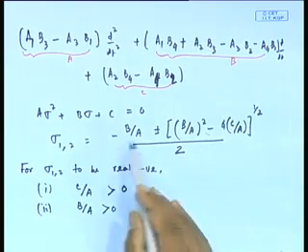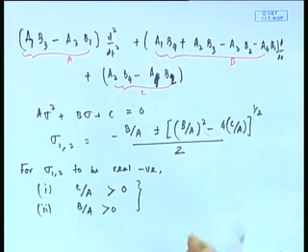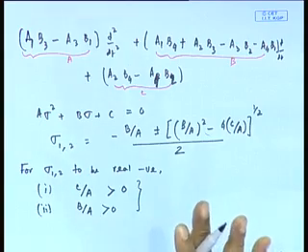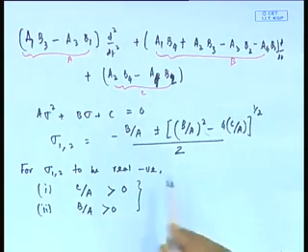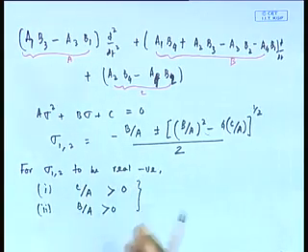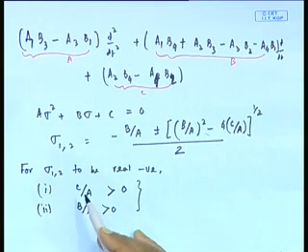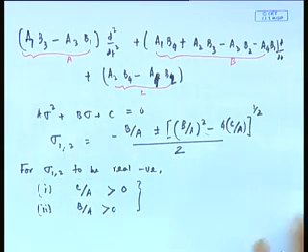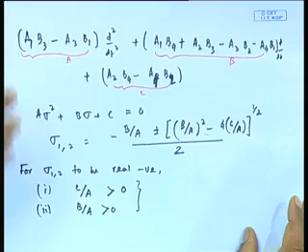So, what you end up getting is obviously that I must have both these conditions satisfied. That means, if I want to make sure my sigma 1 sigma 2 both are real negative, I must have C by A more than 0, B by A more than 0.